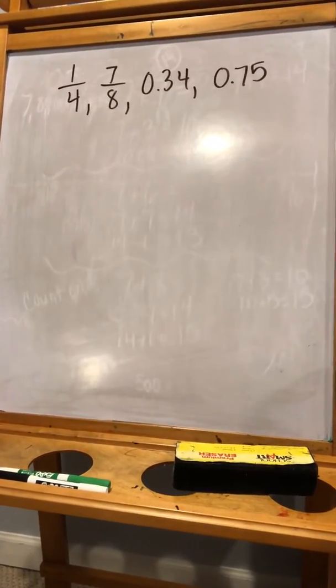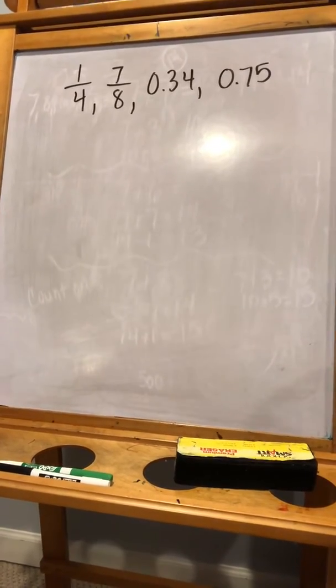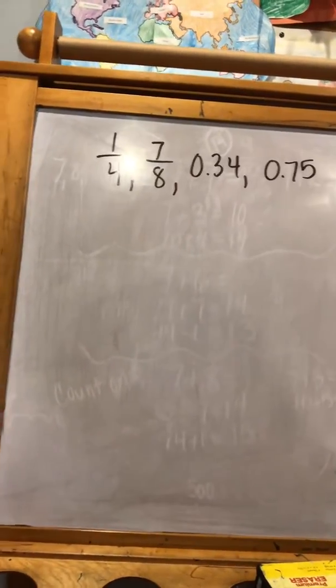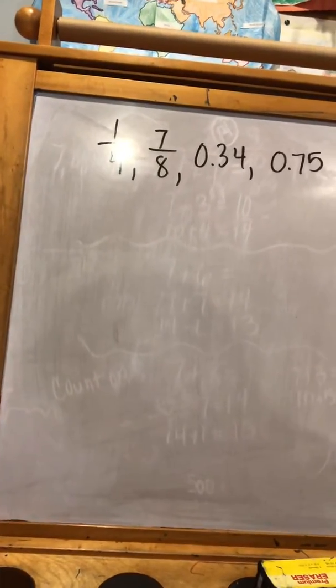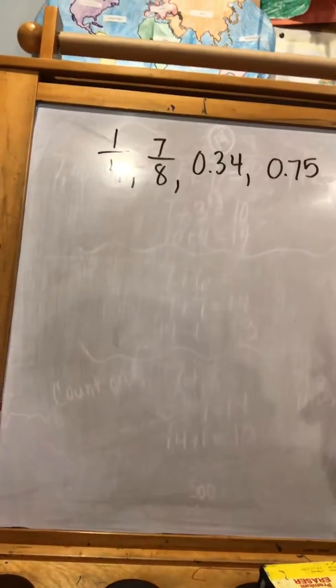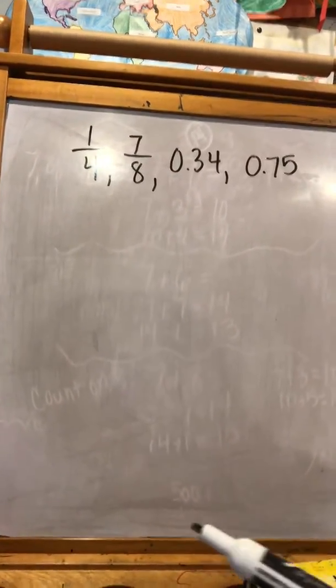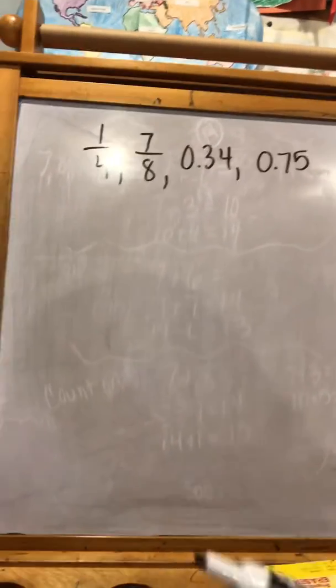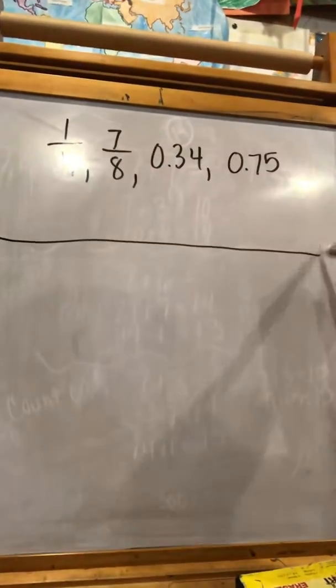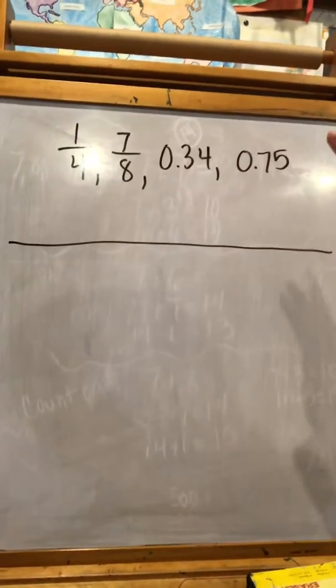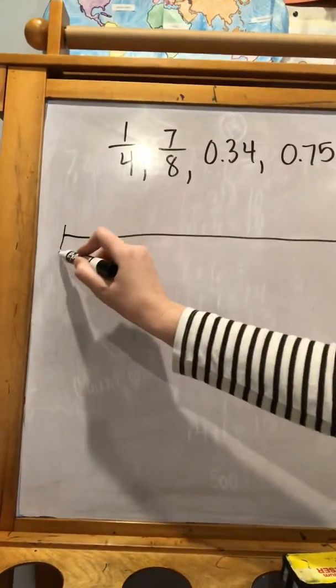Again, go ahead and pause your video if you want some think time. And then I'll share my thinking as we go. For me, I like to think about my fractions and decimals in terms of benchmarks, trying to figure out on my mental number line. I'll go ahead and draw it here, but mentally, I'm thinking about this in my mind as well.